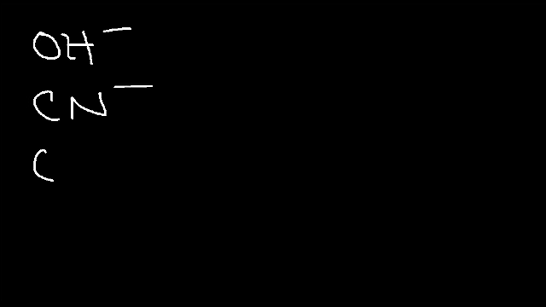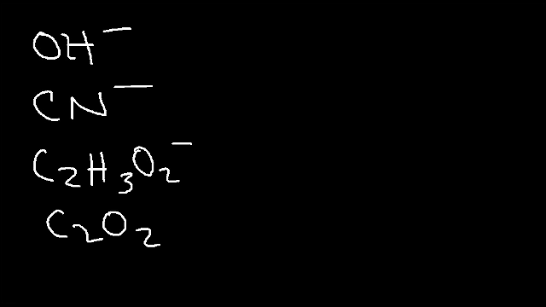Now, what are the names for these ions? OH- is known as hydroxide. CN- is cyanide. C2H3O2- is acetate. This is oxalate. CO3 2- is carbonate.